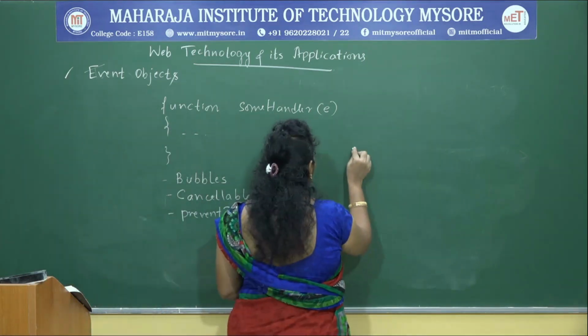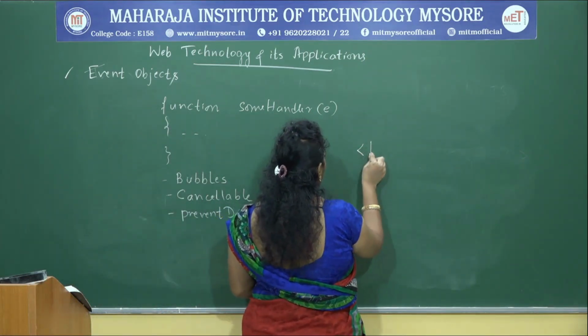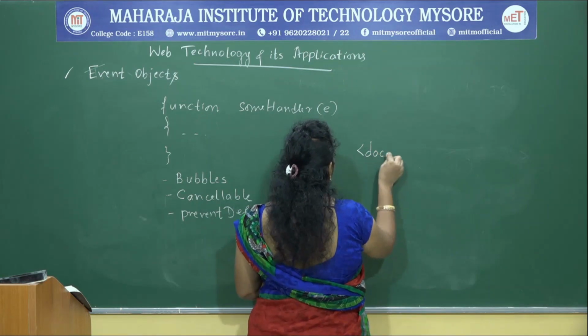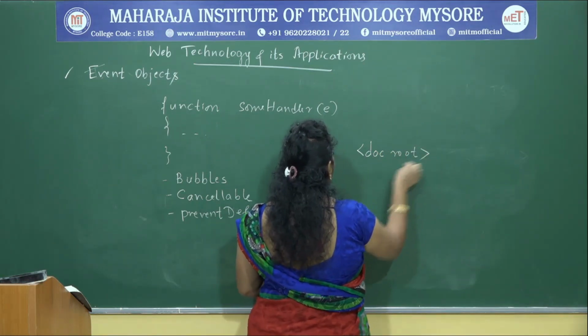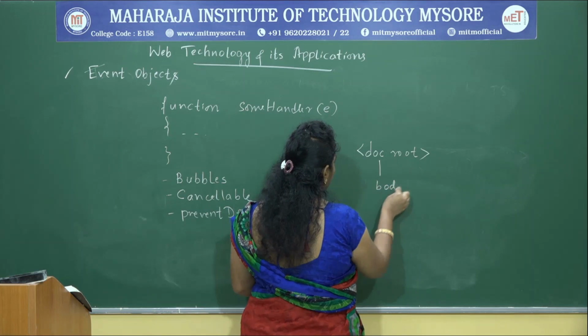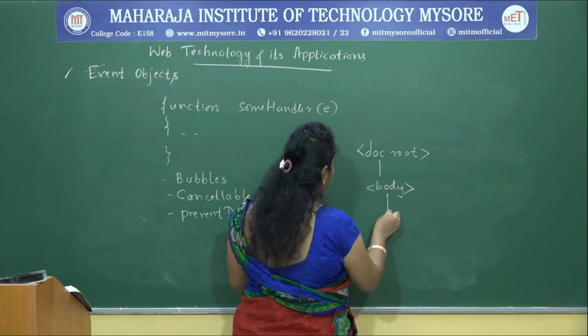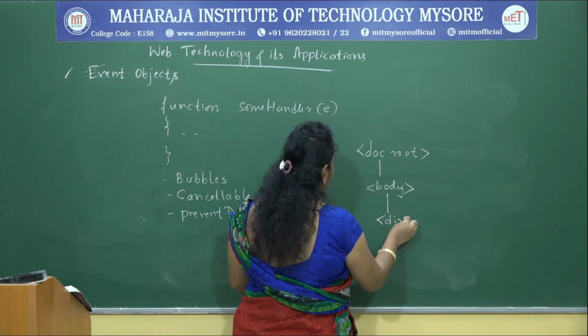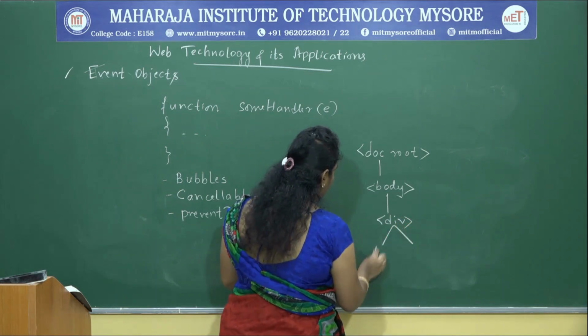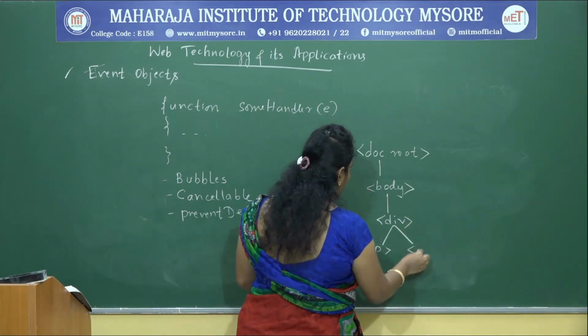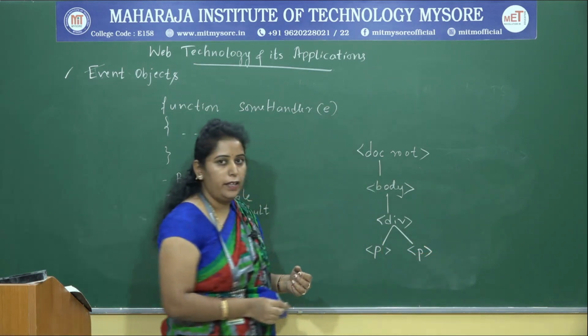For example, this is the document root, which has a body. Inside the body I have a div. The div has two child P elements.